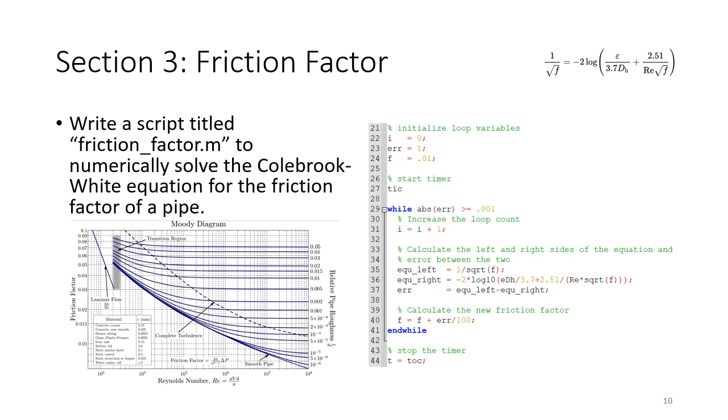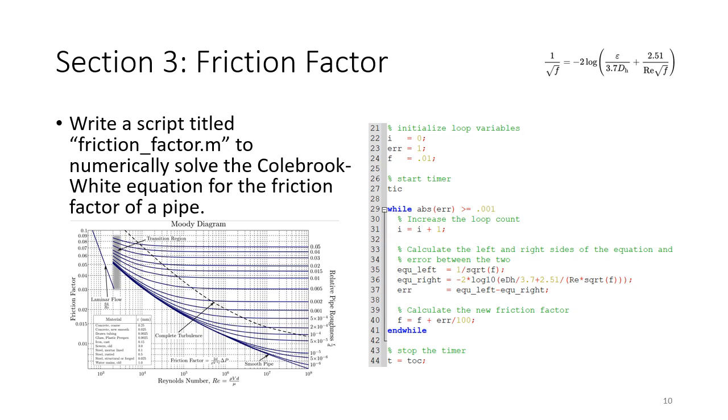One of the more common uses of a while loop, because you don't know how many iterations it will take to solve, is numerical optimization or solutions. So I don't expect you to have a deep understanding of that at this point, but I think it's a good example to code for a while loop. So I've got some of the key elements of the code here on the right to show you.